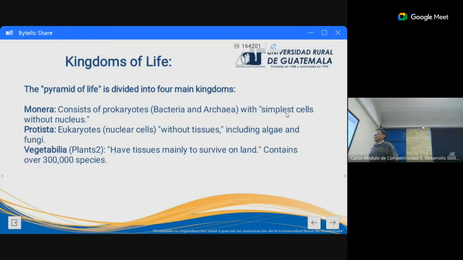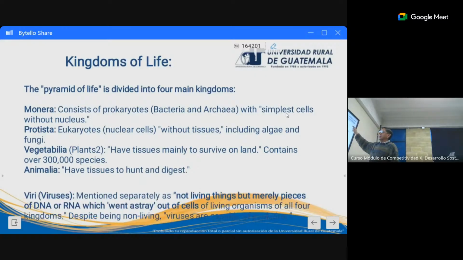Next, there's vegetabilia that have tissues mainly to survive on land, contains over 300,000 species. And animalia that have tissues to hunt and digest.